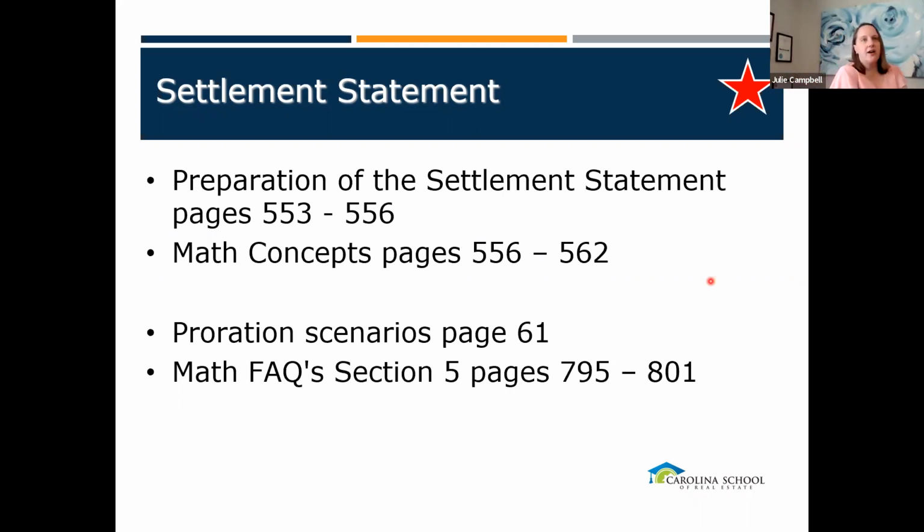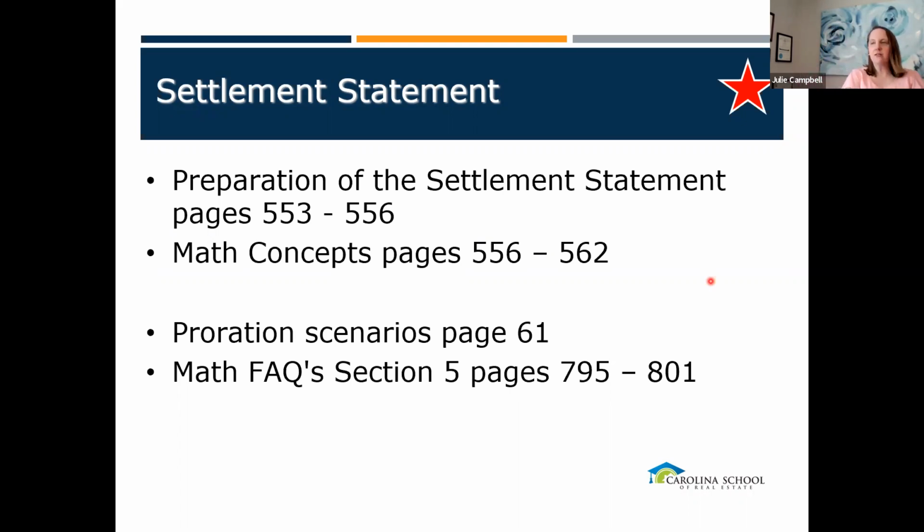We're going to introduce you guys to prorating on Thursday. Go way back. That's not a typo. Go way back to unit 3. Remember in unit 3, we calculated the annual property taxes. Now we're going to learn how to prorate those. There are some proration scenarios back in unit 3 on page 61 that I told you guys to skip for now.